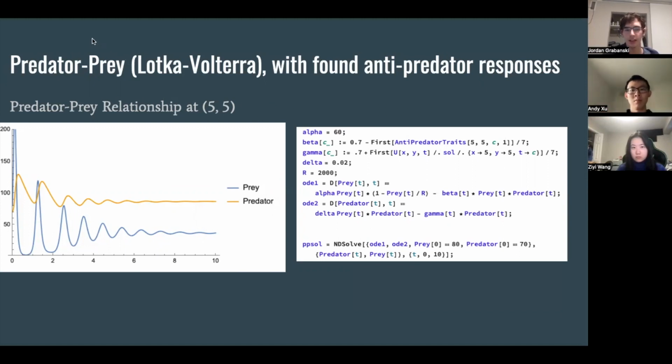And then the other aspect, which changes over time, is the predator death rate, which depends on the number of humans in that area. So this is one graph of the predator-prey relationship. There would be a similar graph at every single point along our plane. So this is somewhere in the center.